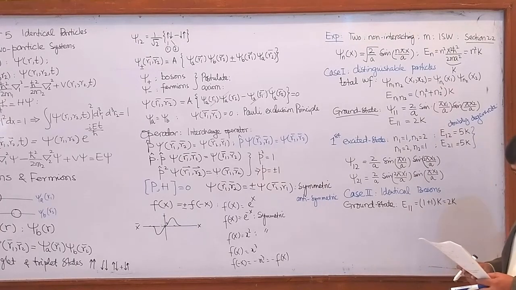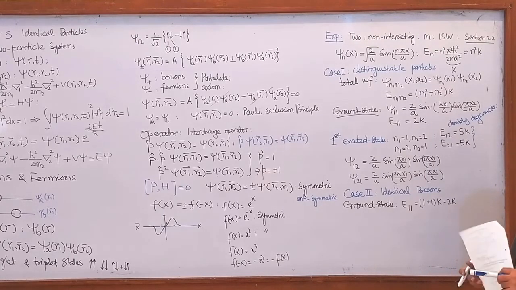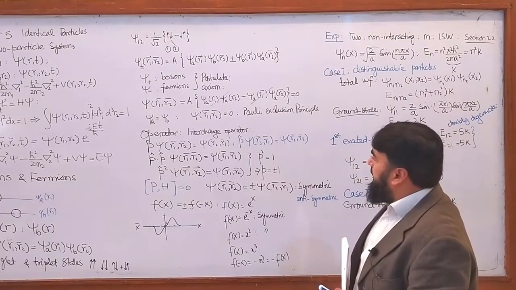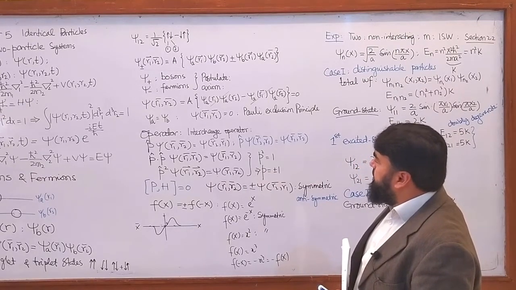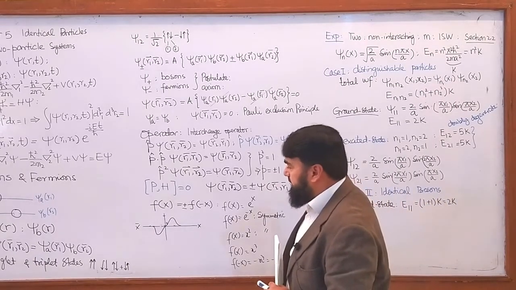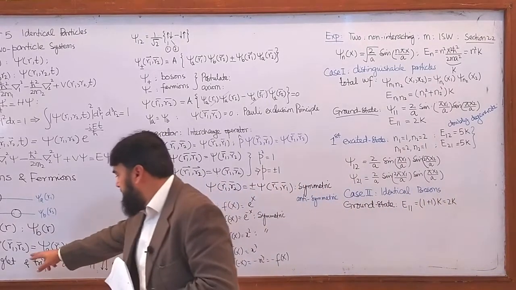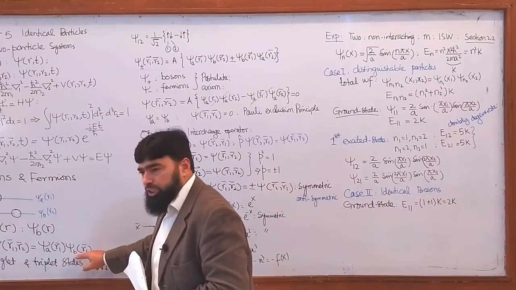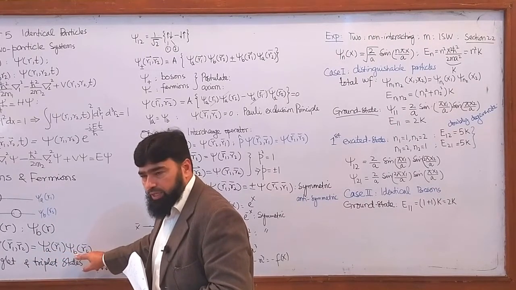And what about the psi 1,1? Now for identical particles, I cannot write it like this, psi 1 times psi 2, just their multiplication. Why?